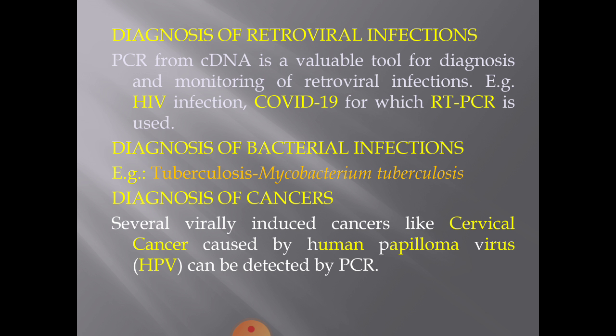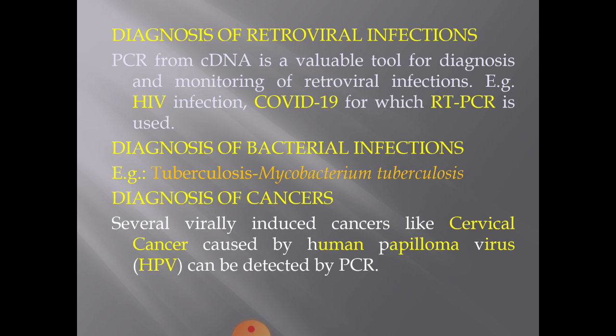So, PCR from this cDNA forms a valuable tool for monitoring retroviral infections like HIV infection, that is AIDS, and then right now we are facing a pathetic situation of the COVID-19 pandemic, right? That also belongs to this group, for which we make use of one particular type of PCR, that is RT-PCR, reverse transcription PCR.